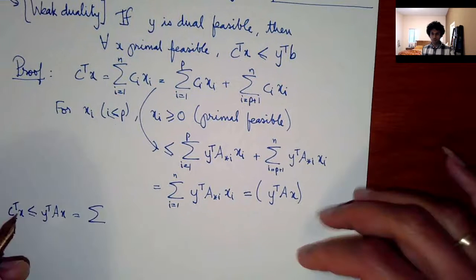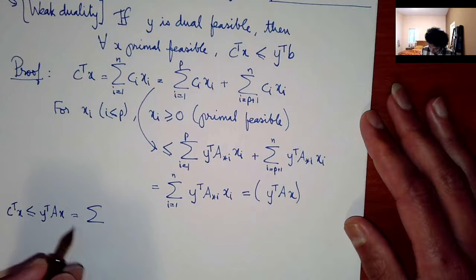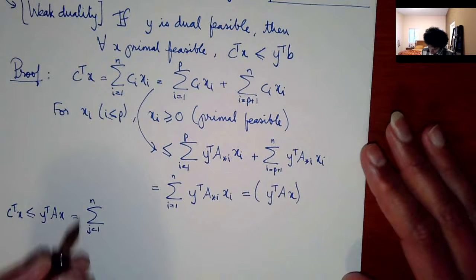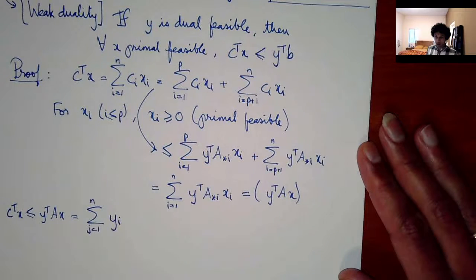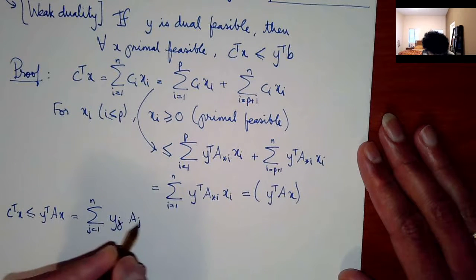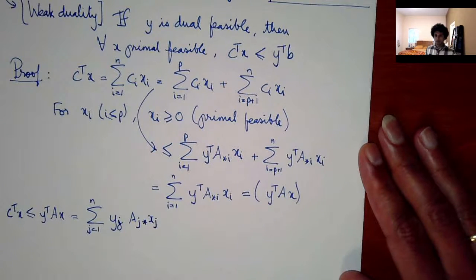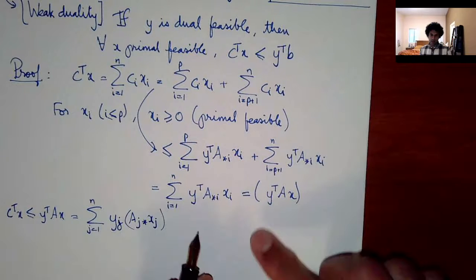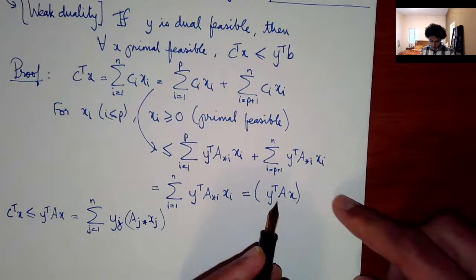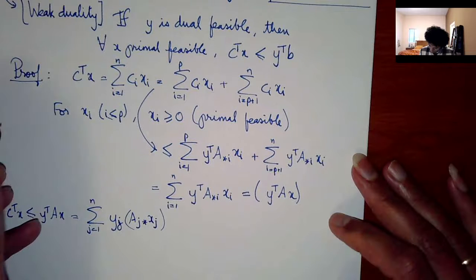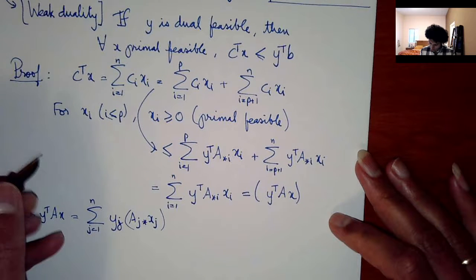And now I'll write y transpose Ax over j instead, summing over j from 1 to m. I'll say this is yj times Aj star xj. Okay, what does this mean? I'm just saying that when I have a product of this form, maybe I'll draw some pictures here.